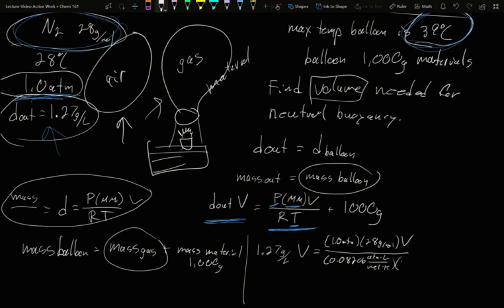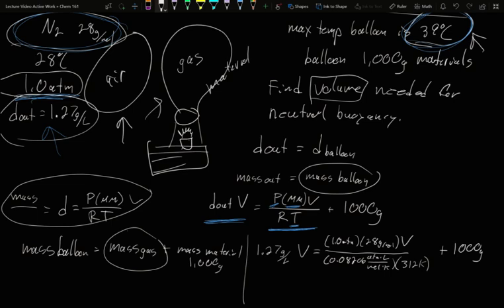And the temperature for our balloon, 39 degrees Celsius, so 312 Kelvin. On top of that, plus 1,000 grams of material.